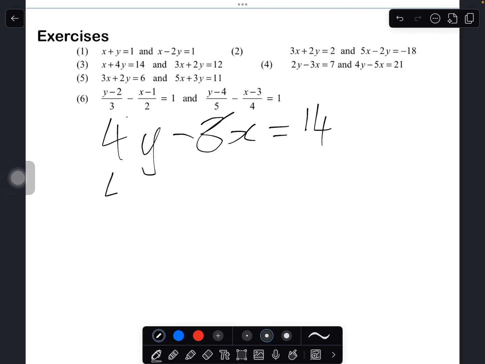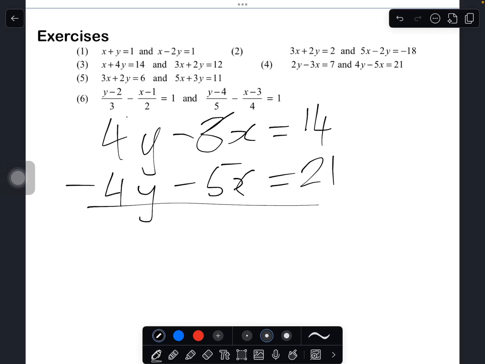Then we're going to put our other equation below it, 4y minus 5x equals 21. We can now subtract these two, and the y's cancel out. Because we're subtracting them, this negative 5x will become a positive 5x. So we're left with minus x equals negative 7, and we'll have x equals 7.